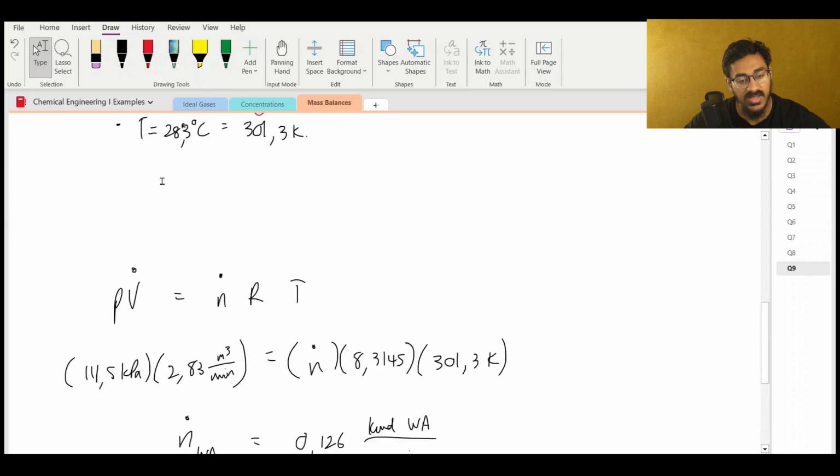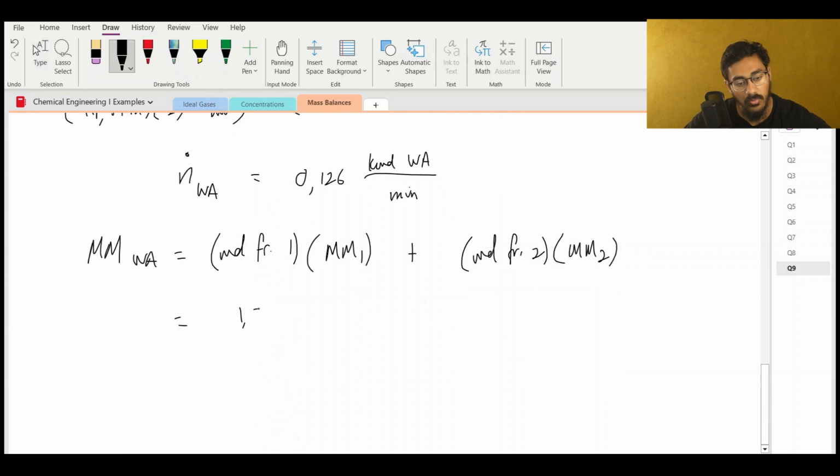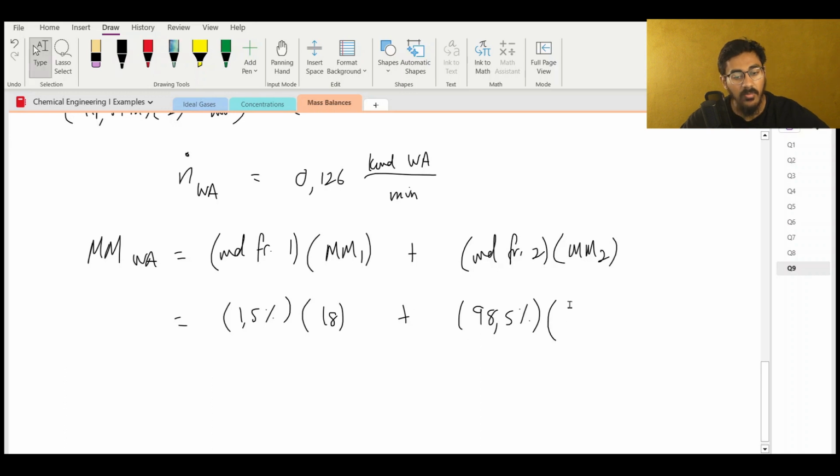So my wet air composition, remember, was 1.5 mole percent water. So this is 1.5% water, and the molar mass of water is 18, plus 98.5% air, and the molar mass of air, if you need to work this out, I'll tell you quickly. Remember that air is 79 mole percent nitrogen, 21 mole percent oxygen.